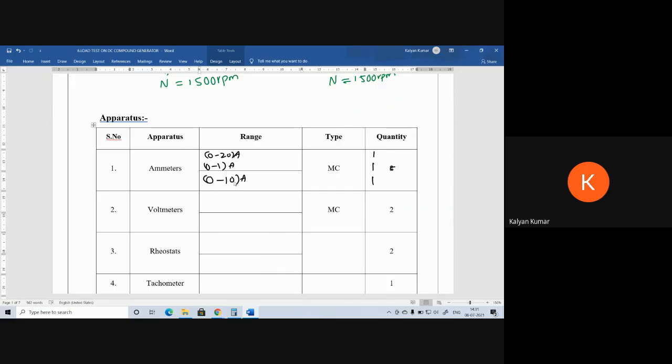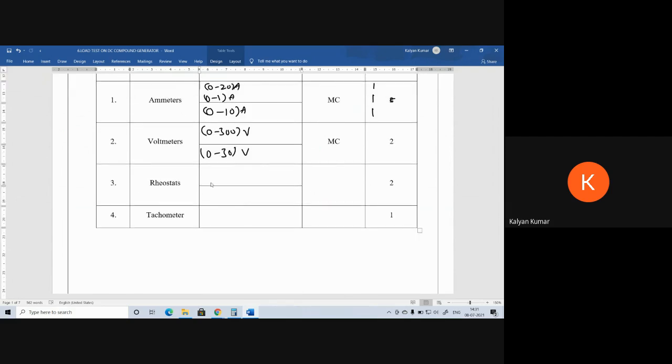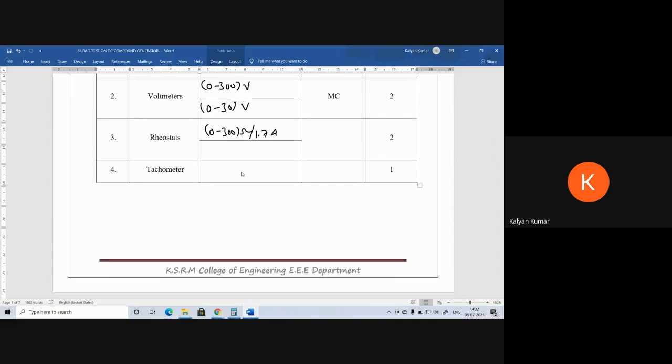Next, coming to the voltmeters, 0 to 300 volts one number, 0 to 30 volts one number. Next, rheostats, 0 to 300 ohms, 1.7 amps, two numbers. The second one is also the same, so we need not represent it again. And a tachometer.